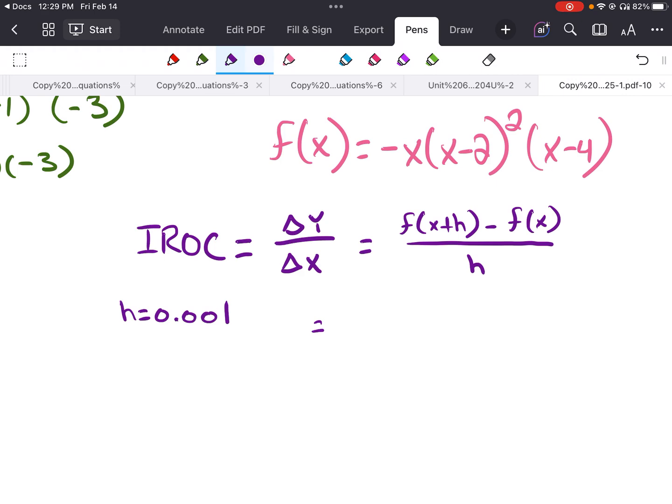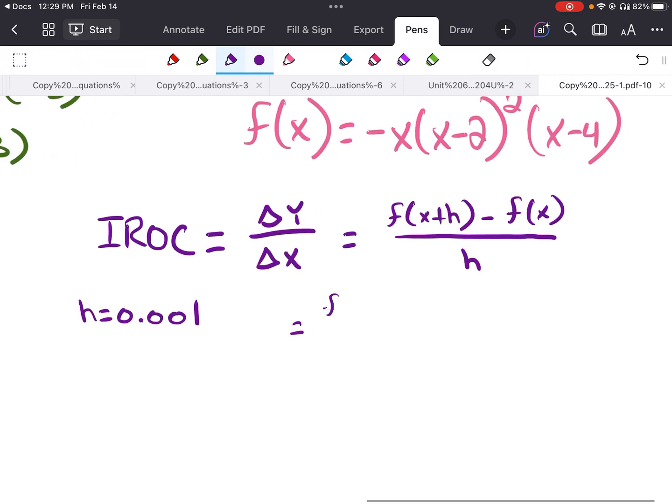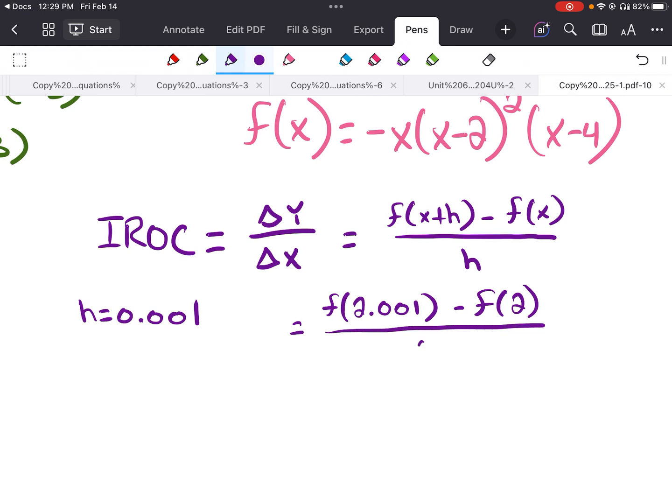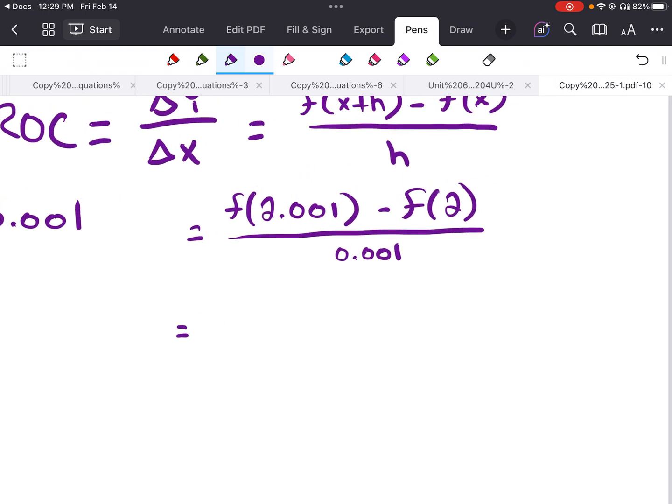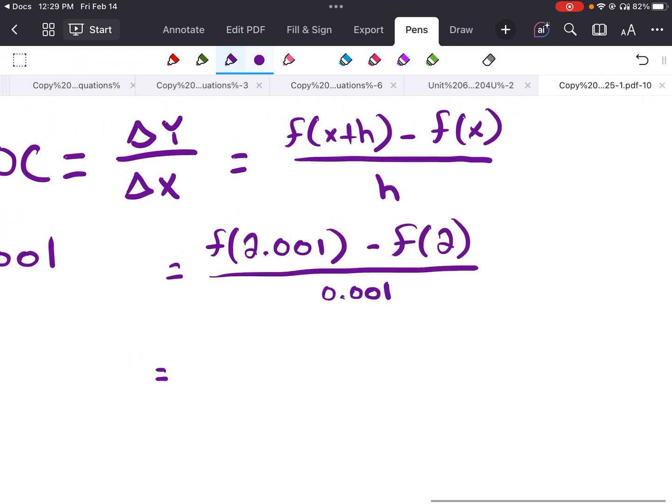So we're replacing each of the x's in our equation with 2.001, and then we'll do the same at 2. So at 2.001, then at 2, divide by 0.001. All right, so in long form it looks like this.